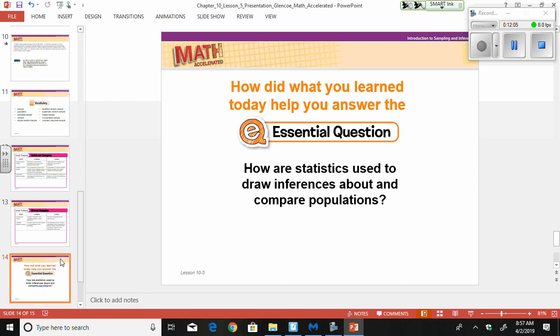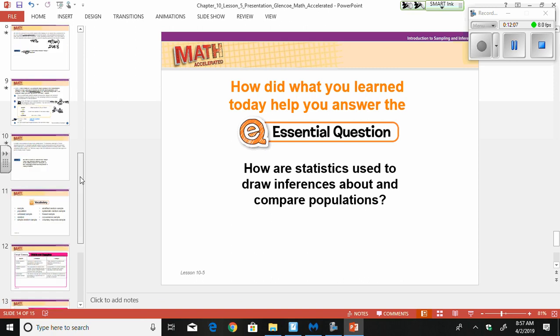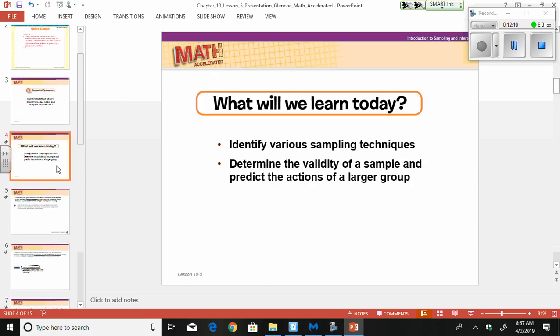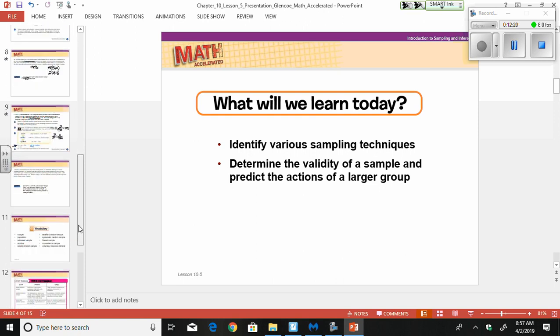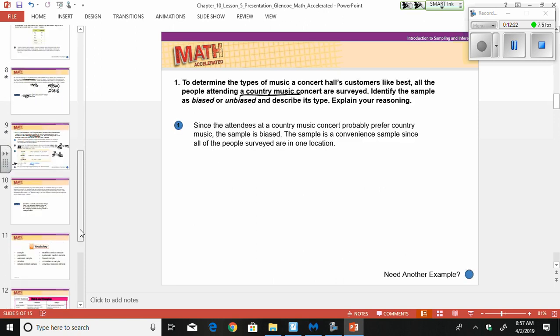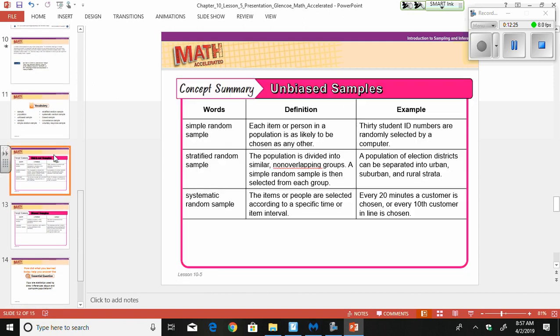So how are statistics used to draw inferences about and compare populations? We talked about that a little bit ago. Identify various sampling techniques, determine the validity of a sample, and predict the actions of a larger group. Make sure that you are looking back at this today to determine what is biased and unbiased. Look at these. Make sure you know and you get it right.